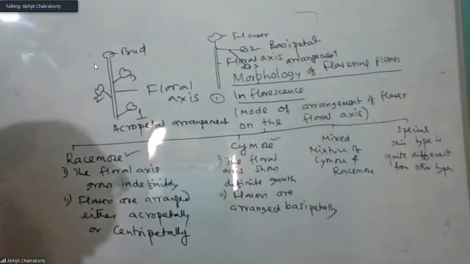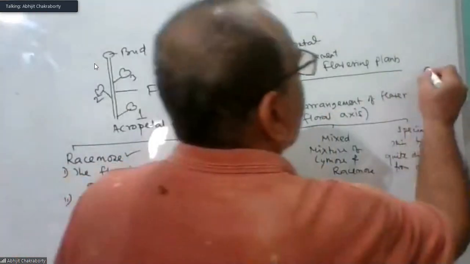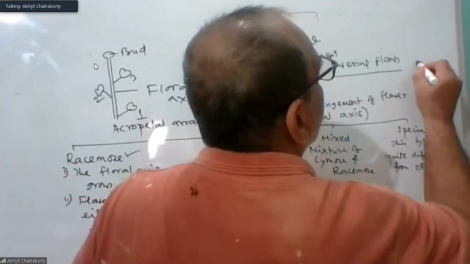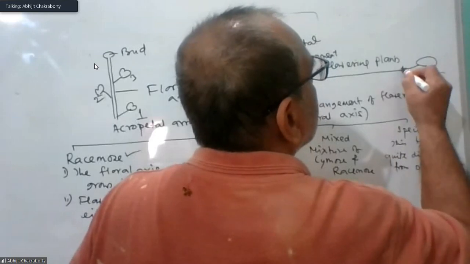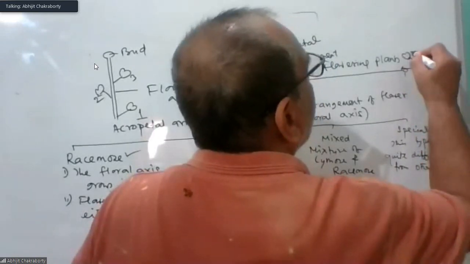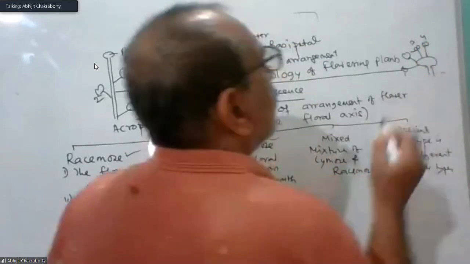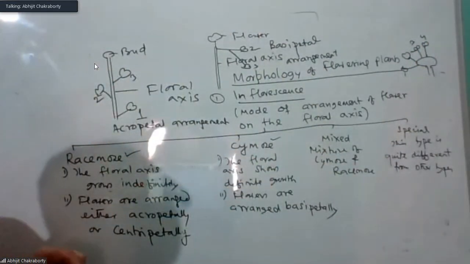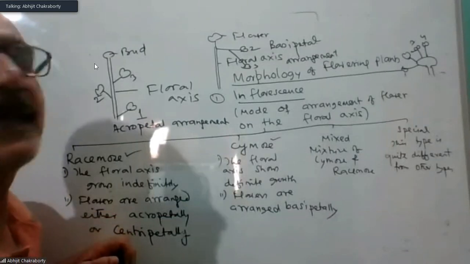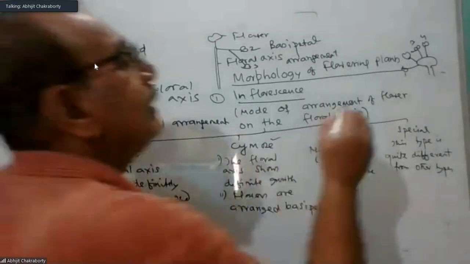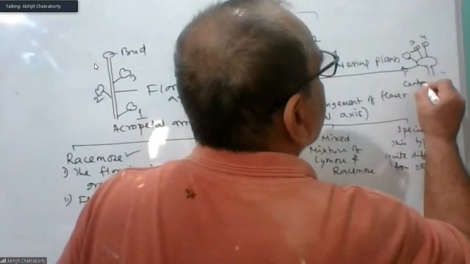Now sometimes the floral axis becomes flattened to form a receptacle. Suppose this is the first flower, then second, third, fourth. That means newer flowers are produced gradually toward the center. Then it is centripetal arrangement.